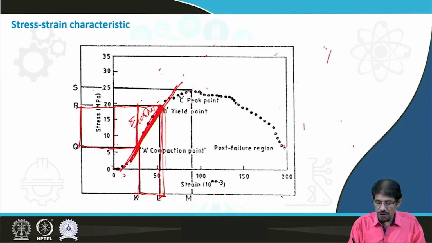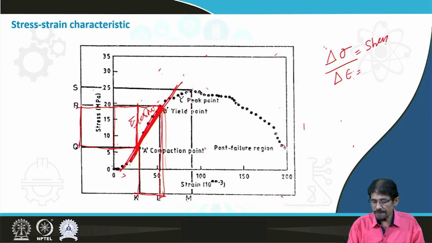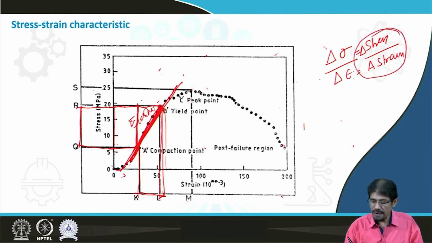as the ratio of change in stress and change in strain. This ratio of stress and strain we are going to define by one letter E, and this E is representing the modulus of elasticity.